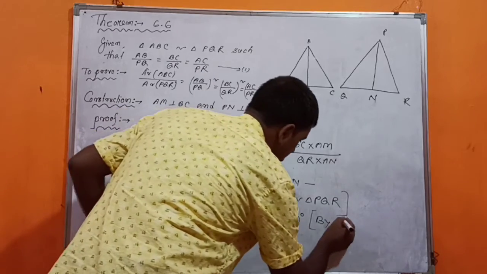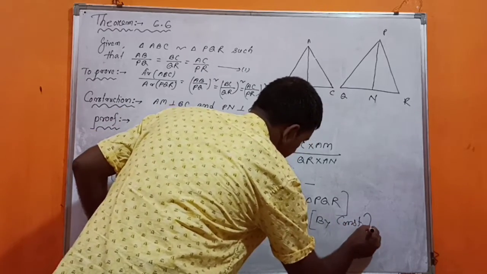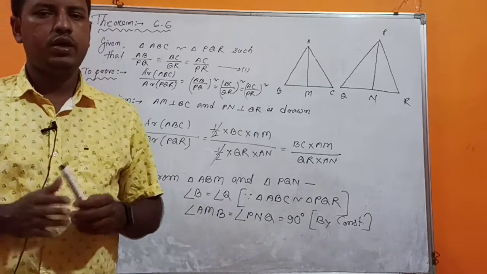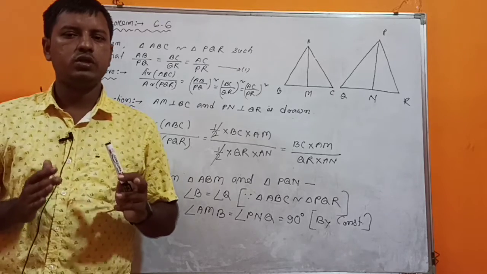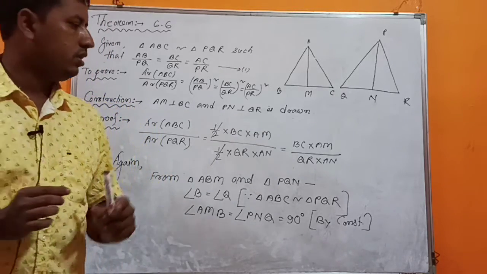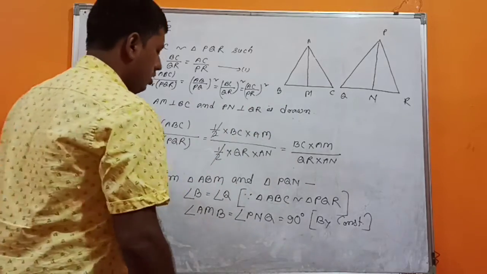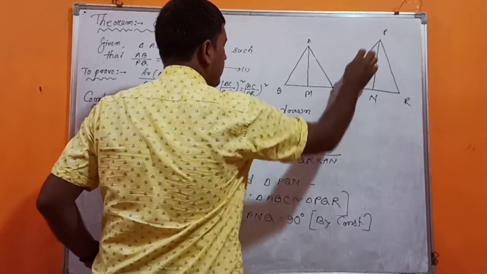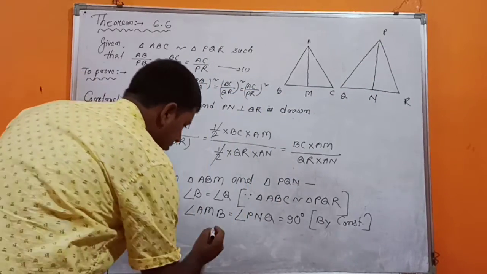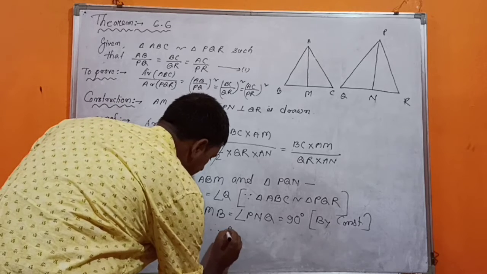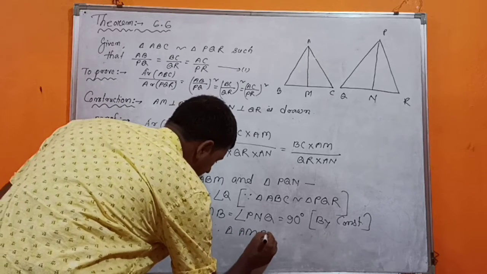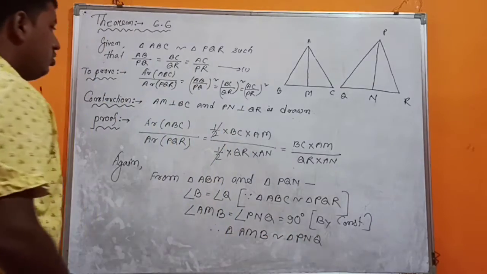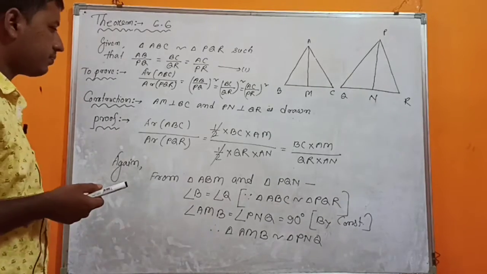So depending on the characteristics of similarity of triangles, if two corresponding angles of two triangles are equal, then we can say that these two triangles are similar. So we can say therefore triangle AMB is similar to triangle PNQ. Note down all these things.